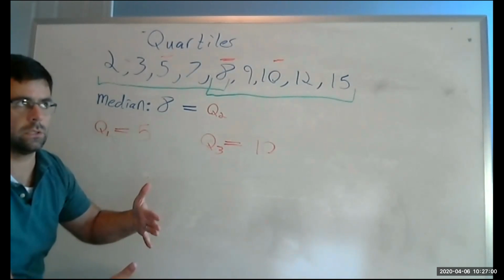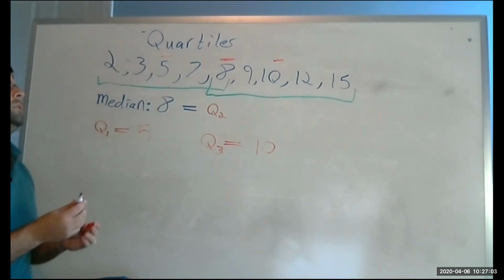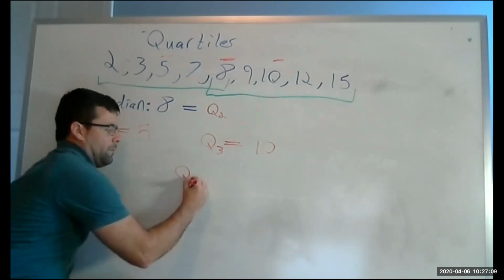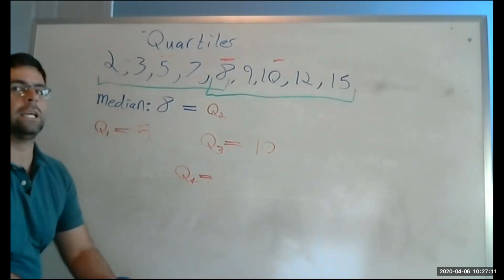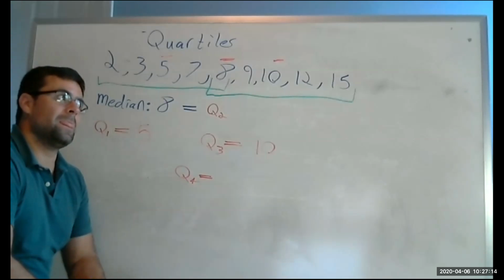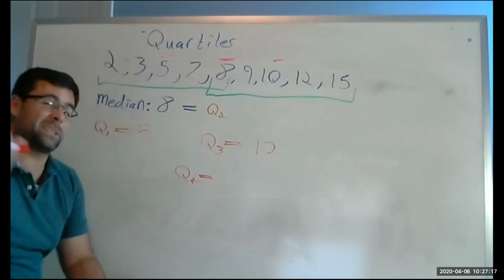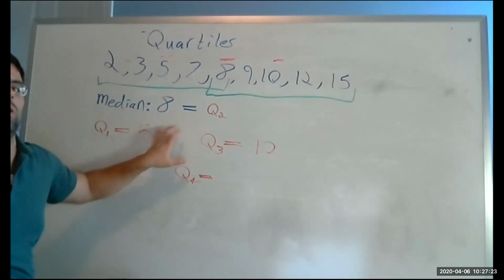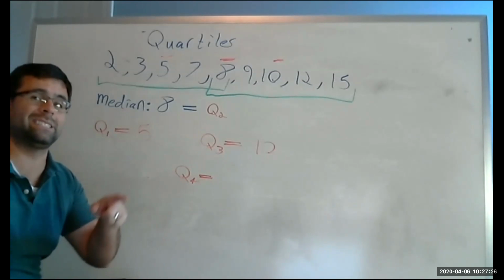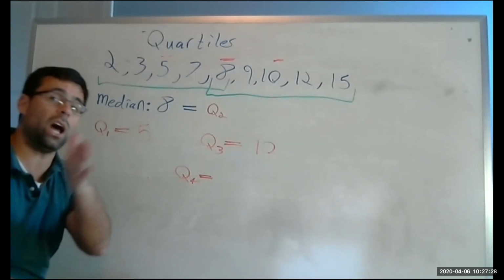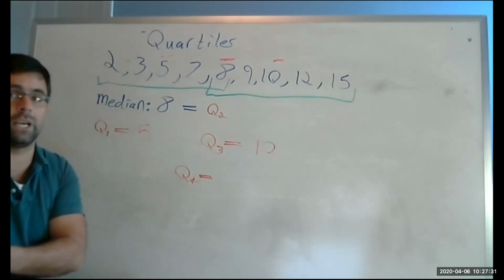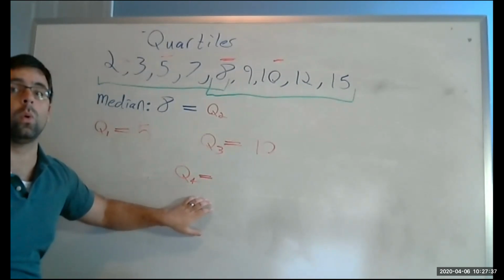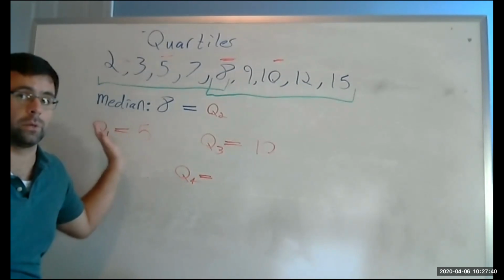If we continued that on, what would Q4 be? 15? That's the best possible answer you could give, but it doesn't actually follow what we were talking about, because 15 is the number that's just below the fourth quartile. Remember, the fourth quartile would be the number that is bigger than 100% of the numbers.